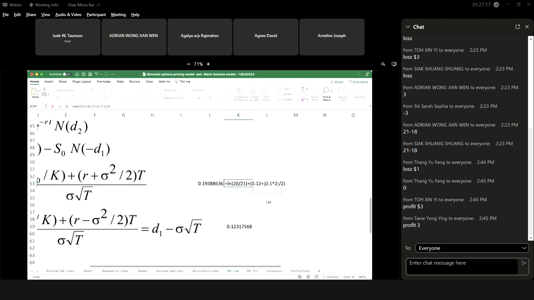This has to be in one bracket. Divide by time, which is 0.25. Okay.